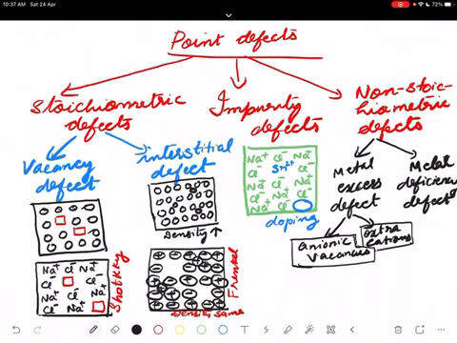Anionic vacancies means there will be some anions which are getting lost. How is this happening? Let's see.